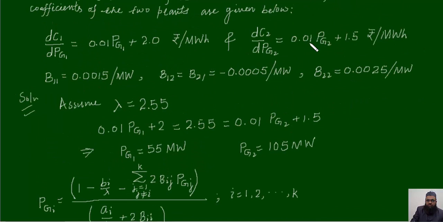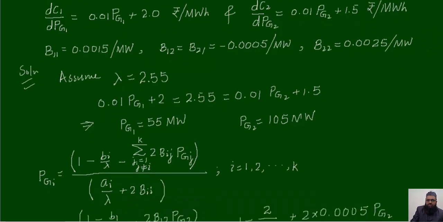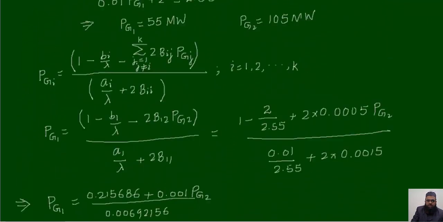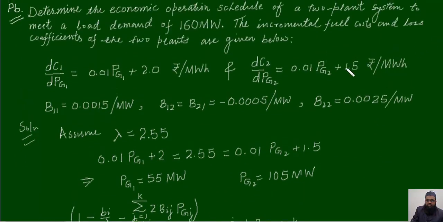So what is B2? B2 is also 0.01. Okay, here we are having intercept as 1.5. So this is B2, 1.5, and this 0.01 is A2. A1, B1, A2, B2.